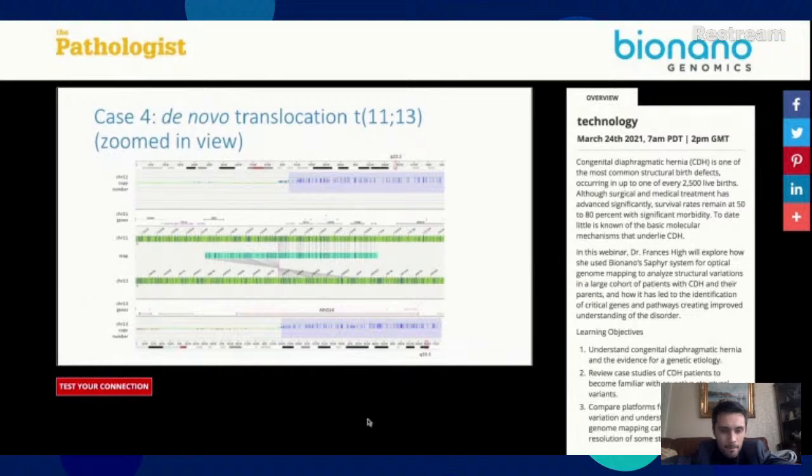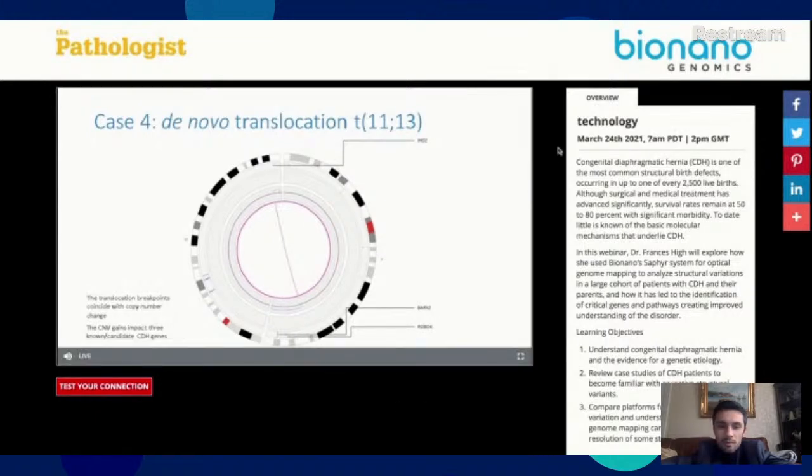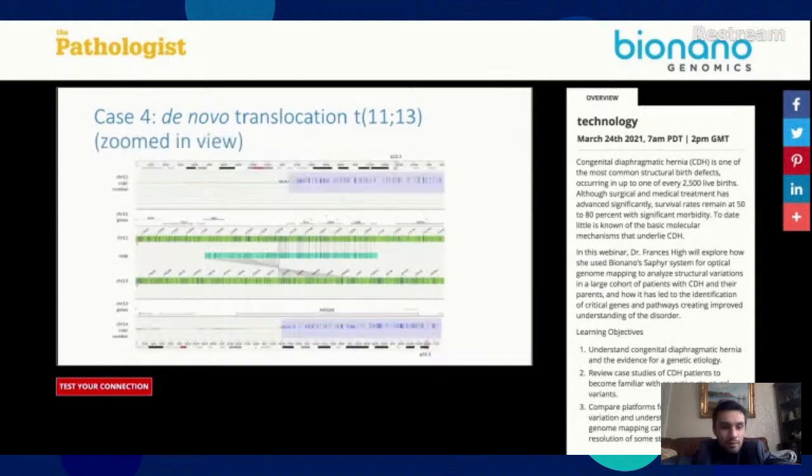So we can identify the location of the breakpoint, and we can also identify in this lavender color the copy number gain on chromosome 11 and chromosome 13. And I'll mention also, it was shown in the previous slide, there are some interesting CDH candidate genes in both of these regions involved in the duplication.